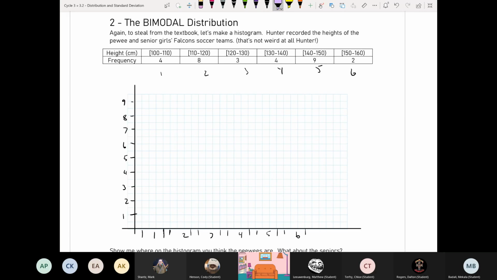And in category 1, we're up to 4. You'll notice that I went 3 wide this time. In category 2, we have up to 8.